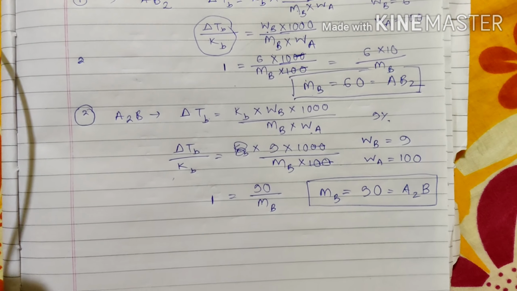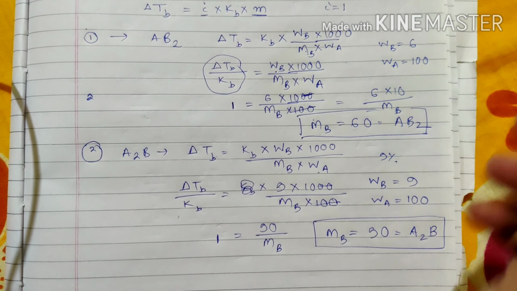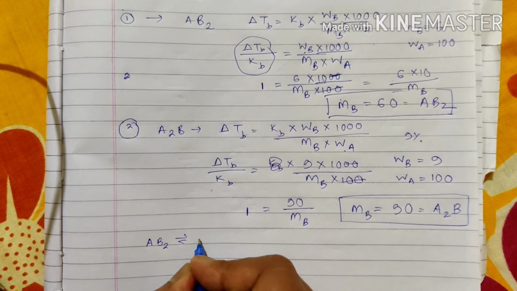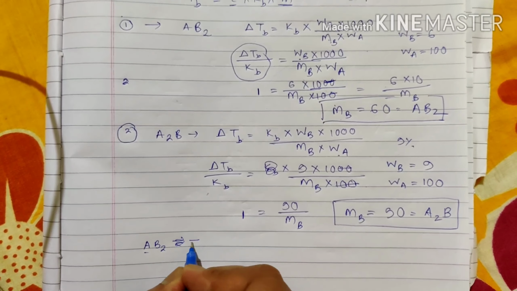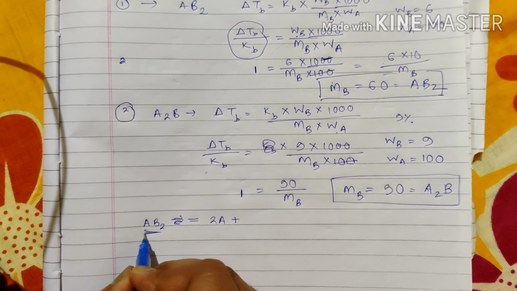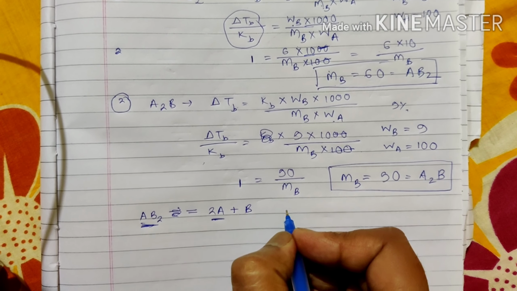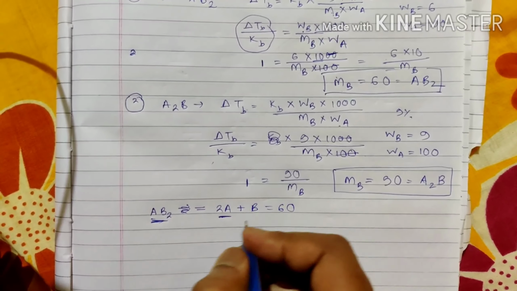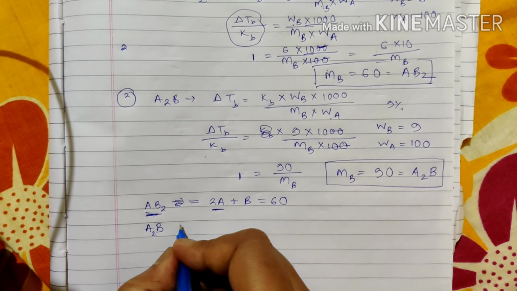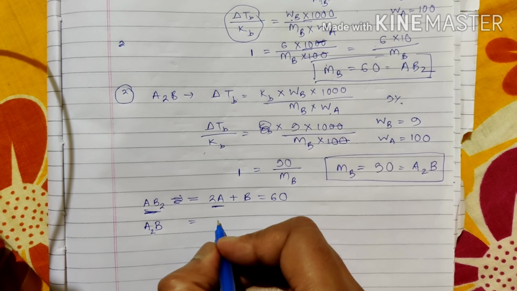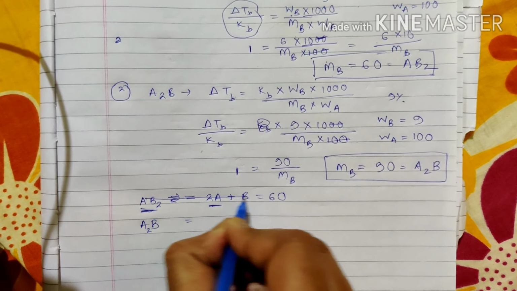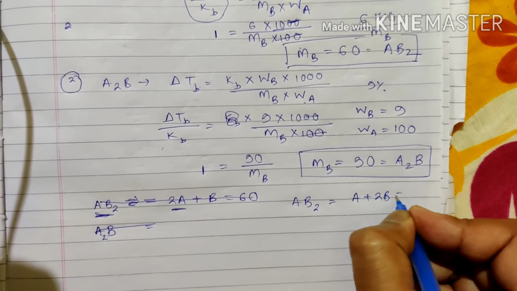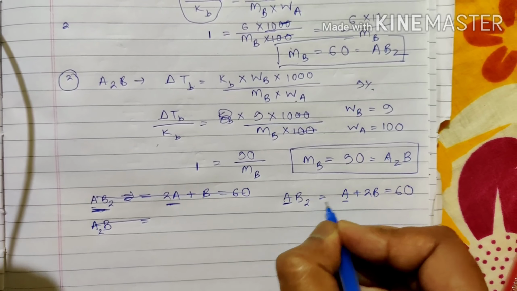If we are supposed to calculate the atomic mass, then obviously in AB2, the molecule has 1 A atom and 2 B atoms, and the total of their atomic weights is 60. So AB2 gives A plus 2B, which is equal to 60, because A is only once and there are 2 B atoms.